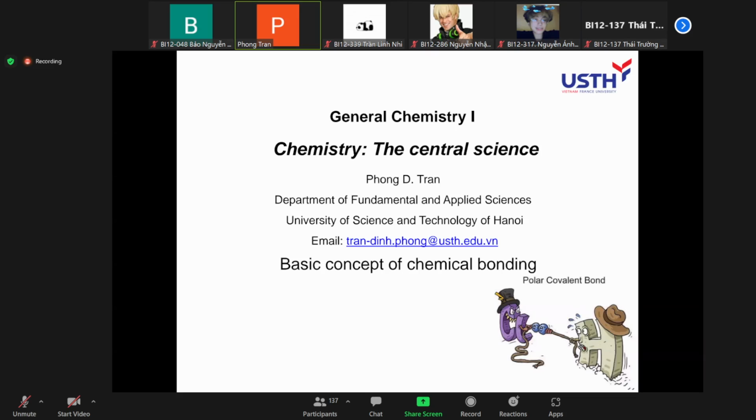The second type of electrons is the valence electron. These are electrons in the outer shell of the atom, and we say that they are active because they stand far from the nuclei, so they have weak binding energy with the nuclei.